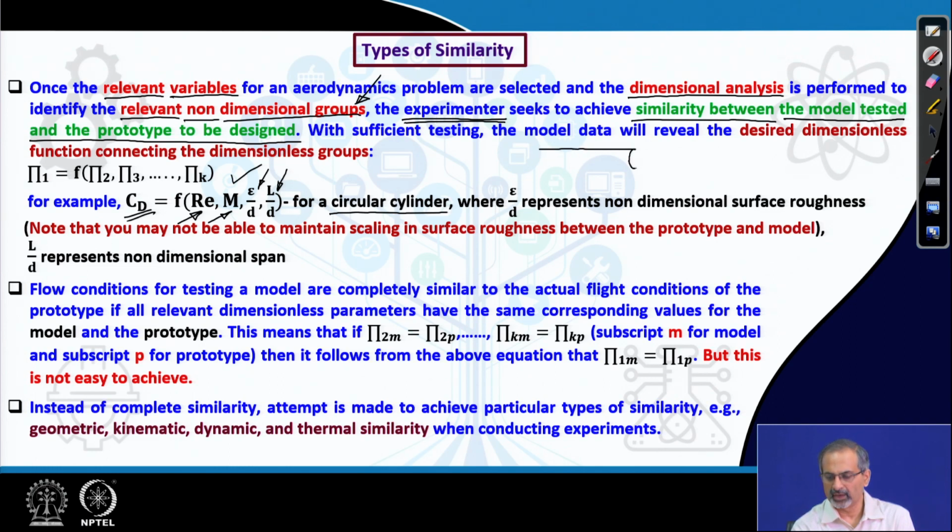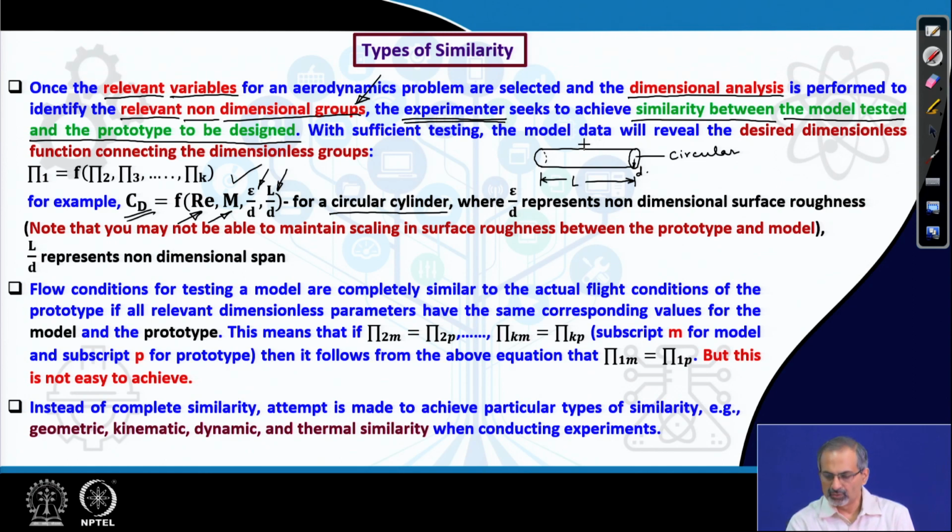So, you have a model which has a circular section, the section has a diameter d and the span of the model is L. That is basically the idea.